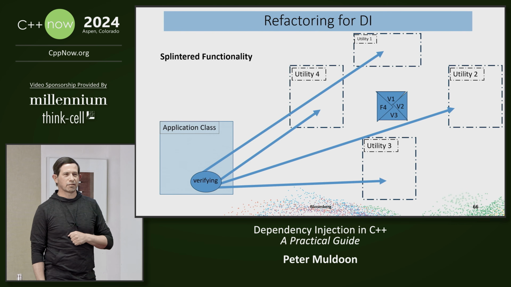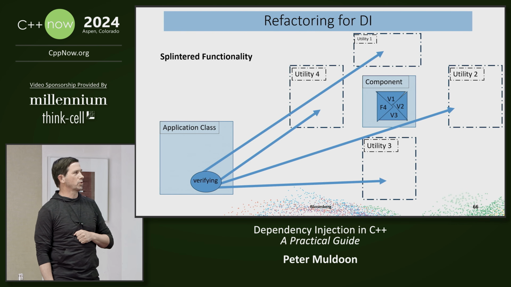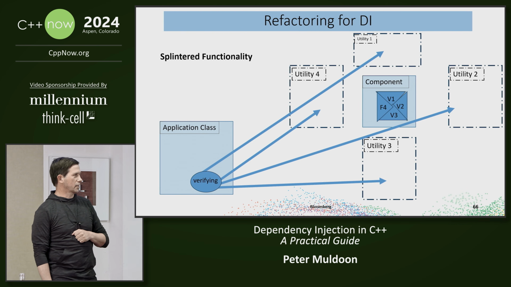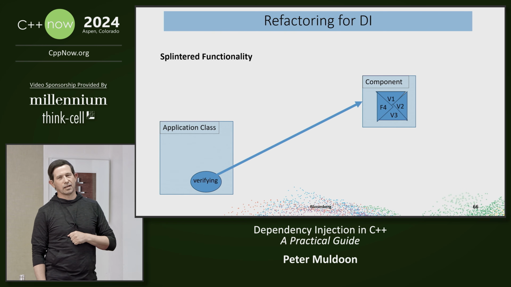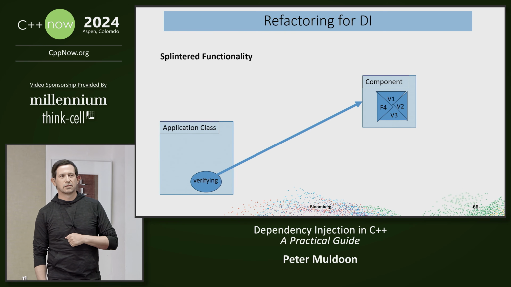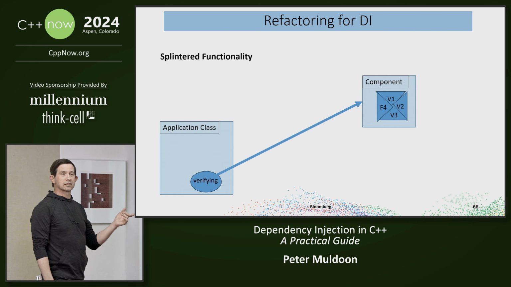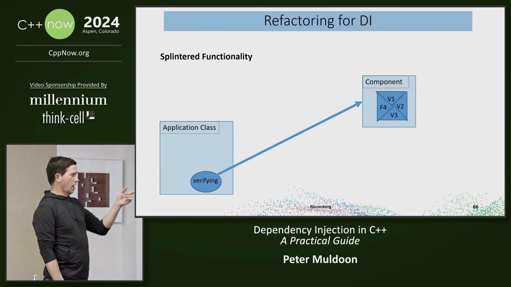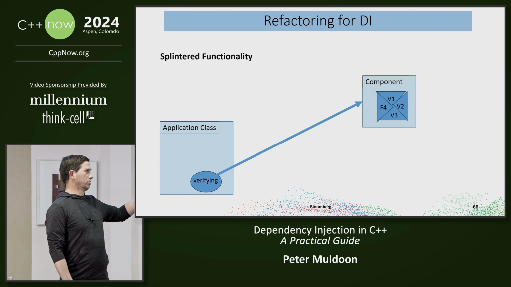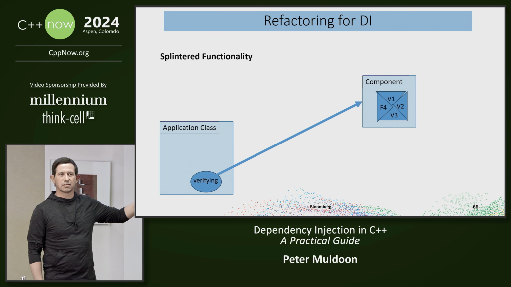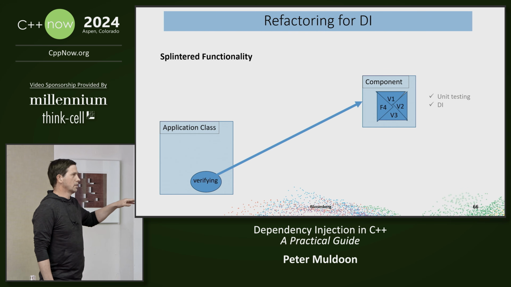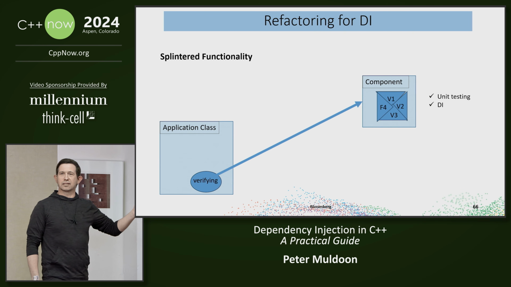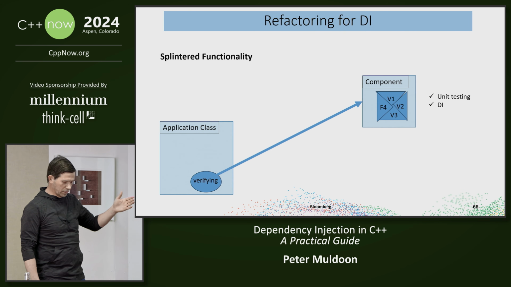They're not a generic utility. And I said, this is a component. Right? I dragged all those pieces together, and now I'll make one call to my component class. Right? Now I have a single component I'll be dropping in, and I can mock these out and have my dependency injection. Right? But I also get unit testing on this again. Right? I can test all the code out.